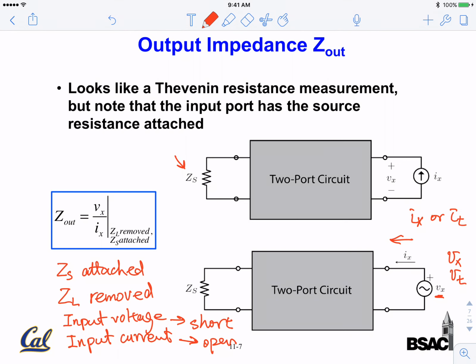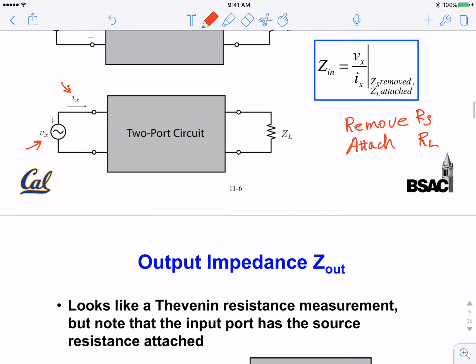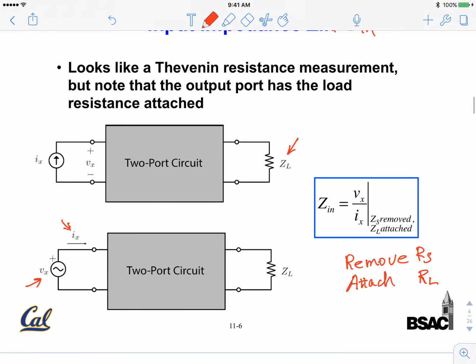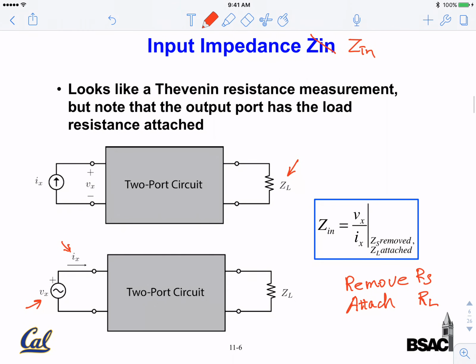Is it by convention that we don't include the source for the input, but we do include it for the output, and we don't include the load for the output? Well, it's not the convention, but I think it's physically logical if you think about it. What you're trying to find out is what the source sees into the two-port circuit.